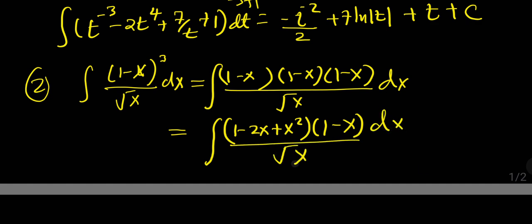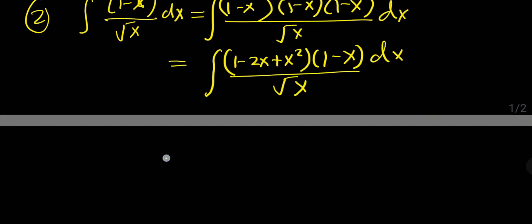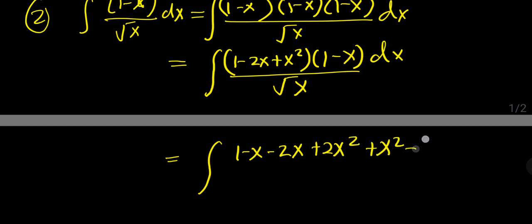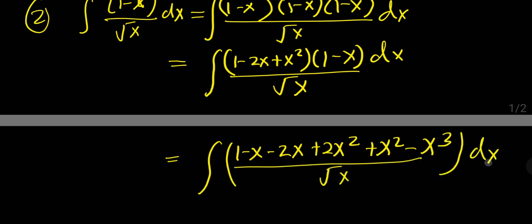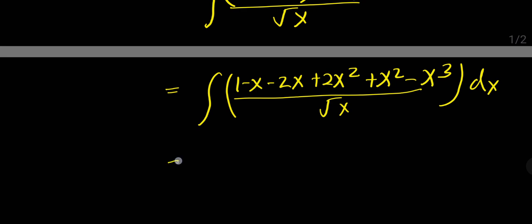There you have square root of x. Then you multiply by 1 minus x. So then we have minus 2x plus 2x square plus x square minus x cubed over square root of x dx. Then combine common terms.